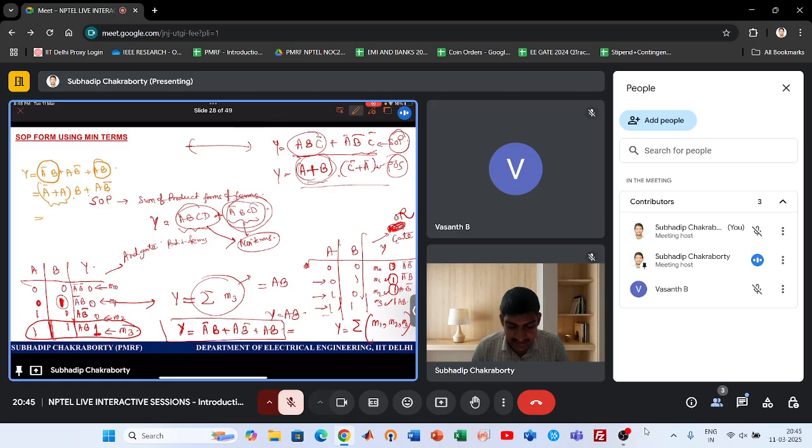A plus A bar is what? Is 1. Either A will happen or A will not happen. That constitutes that eventually one of the events will be happening. So that is 1. And 1 times B is nothing but B. So B plus A B bar.